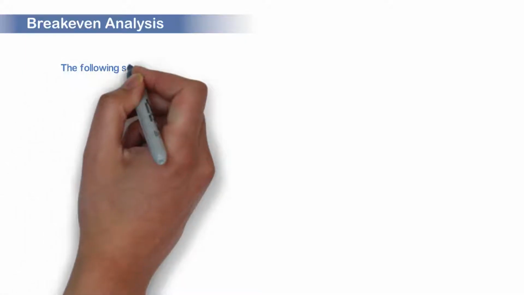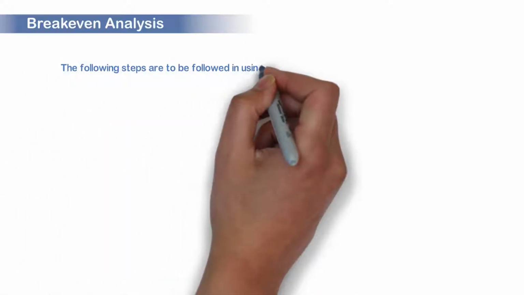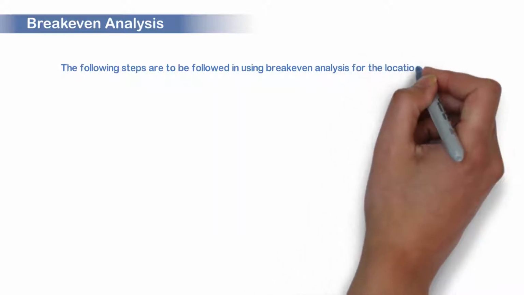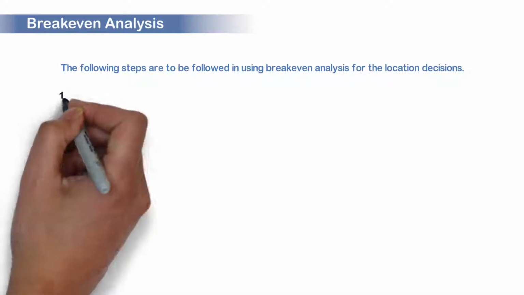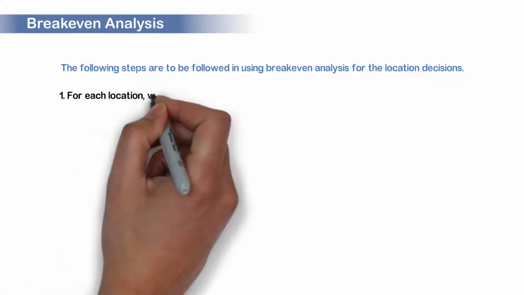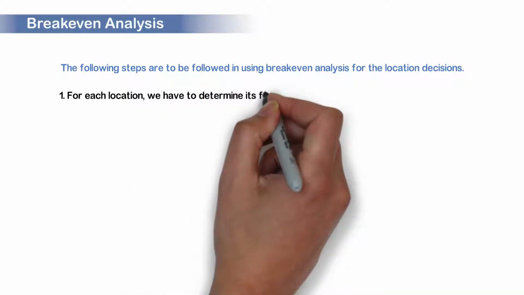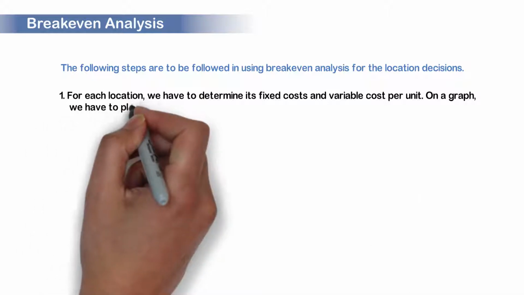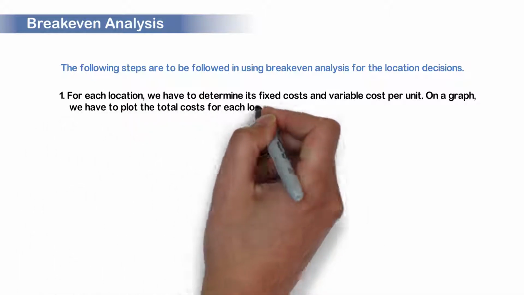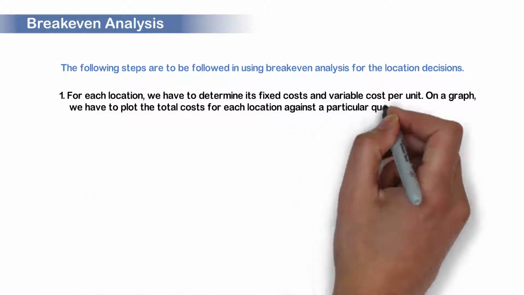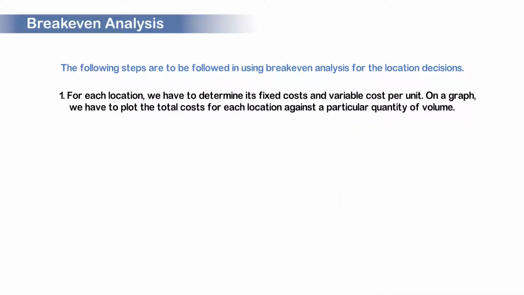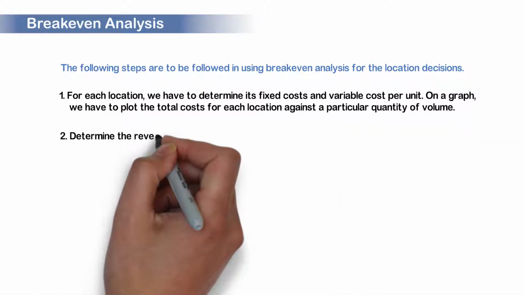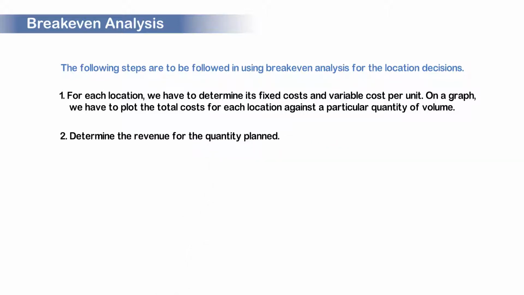The following steps are to be followed in using break-even analysis for the location decision. For each location, we have to determine the fixed cost and variable cost per unit. On a graph, we have to plot the total cost for each location against a particular quantity of volume. Then determine the revenue for the capacity plant.